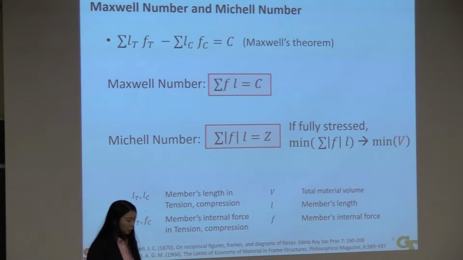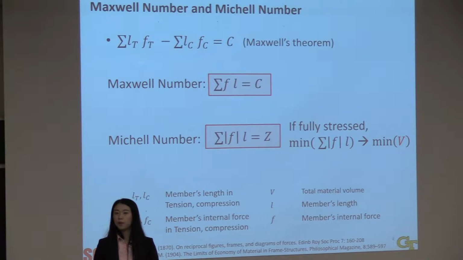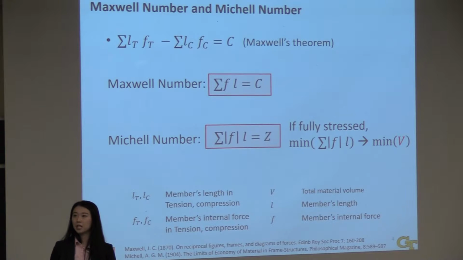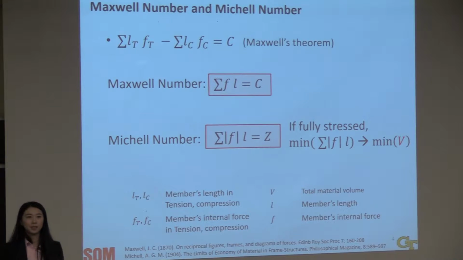Before I go into Michell's optimality condition, let me define two very important quantities. The first one is the Maxwell number. By Maxwell's theorem, if the structure is statically determinate and we have a given set of external forces, this quantity is always constant, no matter what structure you have for that given load and boundary conditions.